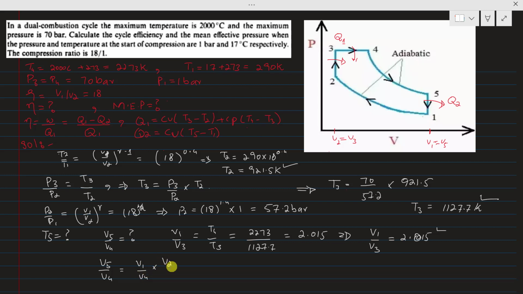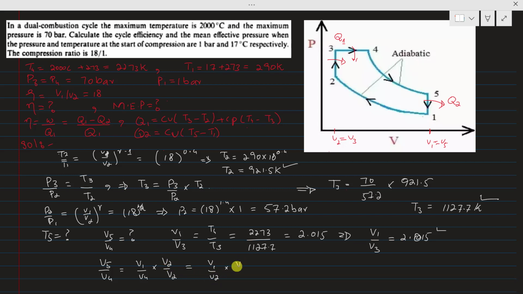Now multiply and divide V2 with it. So in this value and V2, and in term of V2 is also equal to V3, so I can write it like this: V1 divided by V2 multiply by V3.